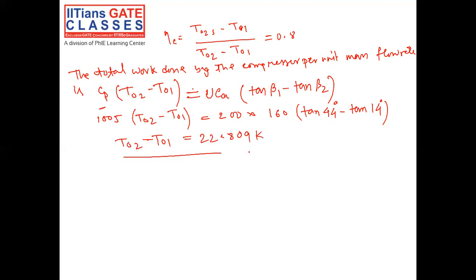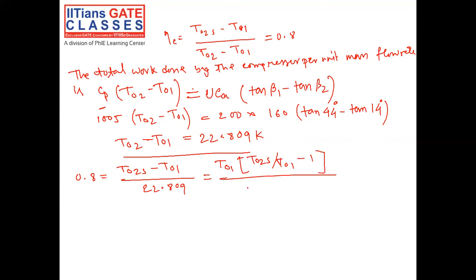Now if we substitute this in the expression of eta C, we'll get 0.8 equal to TO2s minus TO1 by 22.809. Now if we take TO1 common, TO2s by TO1 minus 1 divided by 22.809.